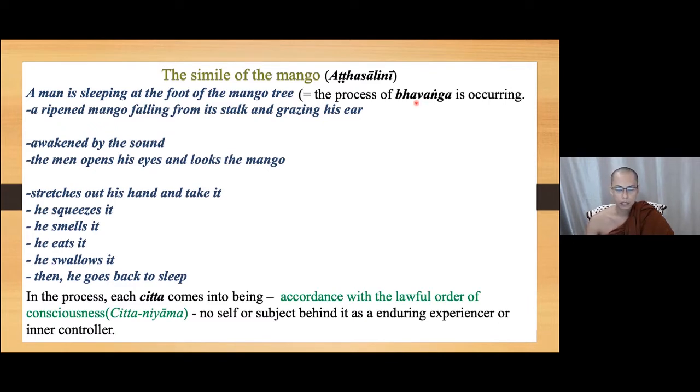If you are sleeping deeply and the Bhavanga process is arising continuously, then the mango falls from the stalk and grazes his ear like this. So the objects here, not only to the ear, but to the sense organs, different organs, any object appears and strikes the six organs.